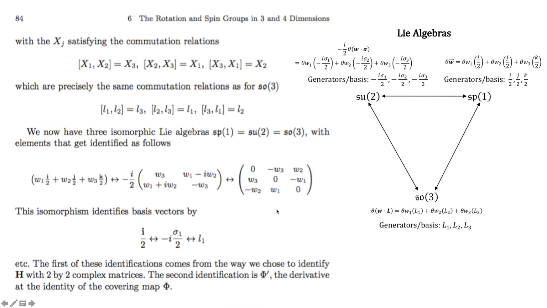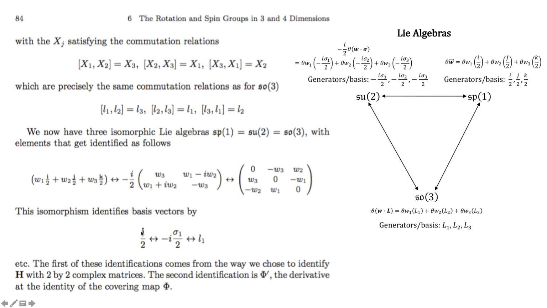One may check the commutation relations for the Lie algebra SU2 as seen over here, as well as that for the Lie algebra SO3. As such, we found out that the Lie algebras SP1, SU2, and SO3 are isomorphic to one another, as there is a one-to-one mapping for each of the generators of the Lie algebras.